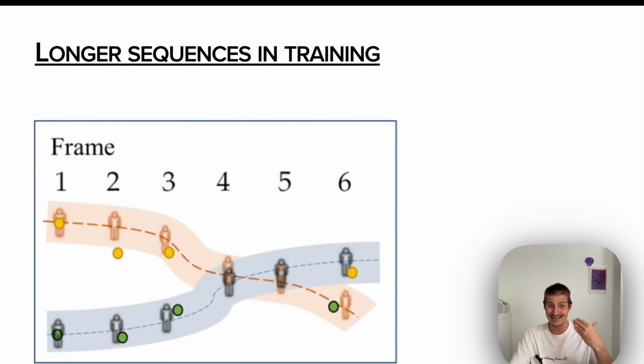And as you might guess, the cases where something is close together, this is the most confusing case for heuristic trackers for sure, for transformer-based trackers, I would guess as well.